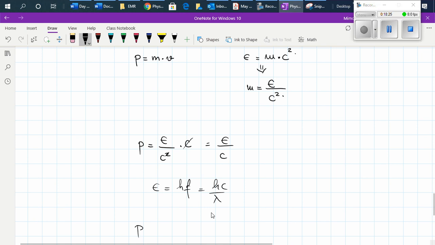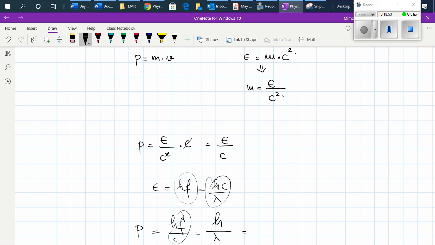We say that momentum is hf over c, and f over c is 1 over lambda. Then momentum is h over lambda.